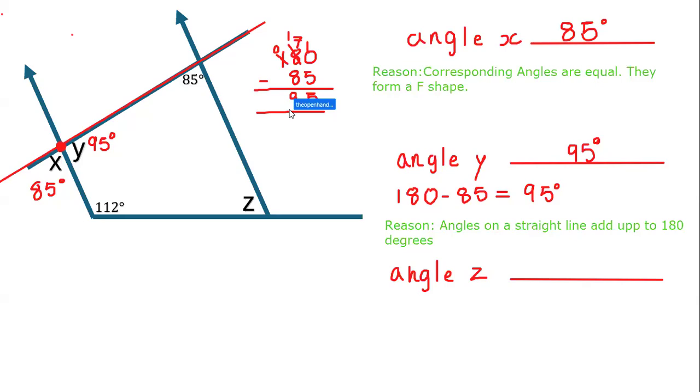I agree with co-interior, but it equals 68. No, it's not 68. First of all, it is co-interior, and we learned about co-interior angles recently, right? We already know about co-interior angles.